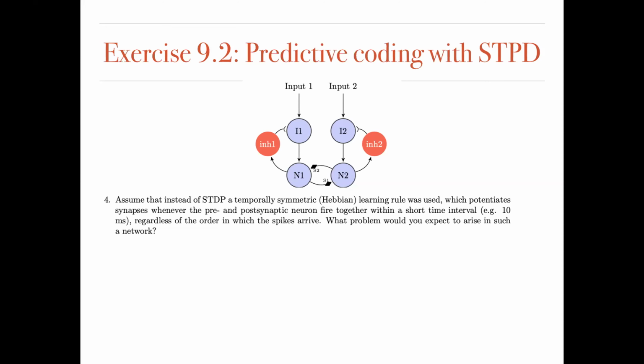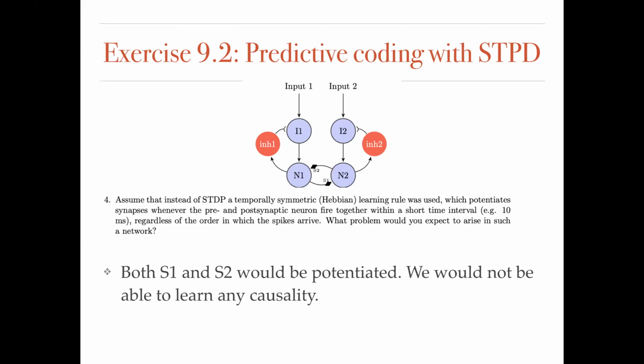What problem would you expect in such a network? This is similar to what we saw in exercise 9.1, in which both S1 and S2 would be potentiated. And so there would be no way of learning causality, like what comes first, what triggers what. And then the network would become kind of unstable.